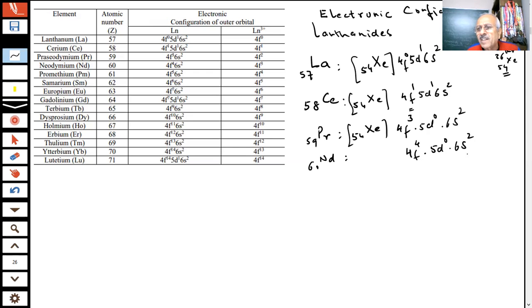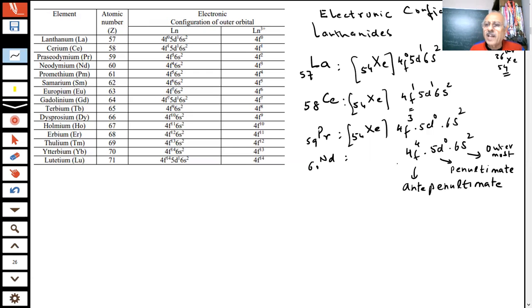You can see that this is the outer shell. This is called the penultimate shell, and this is called the antepenultimate shell.